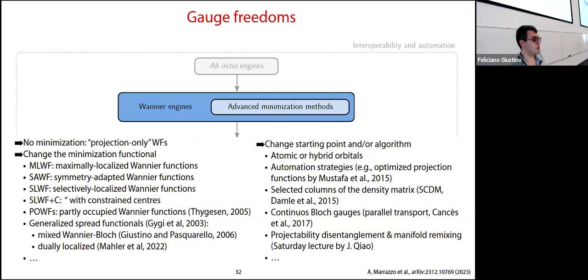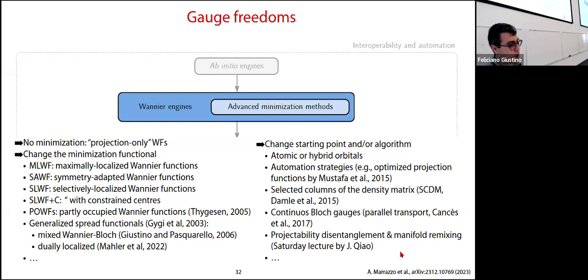Or what you can do, and this is what constrained centers do, you can decide that some of the Wannier functions have to stay fixed in a specific position. Okay, the center has to be fixed. And so on. There are many other examples. I won't discuss all of them, of course. But if you're interested, these are covered in this review that I mentioned here in the bottom part of my slides.